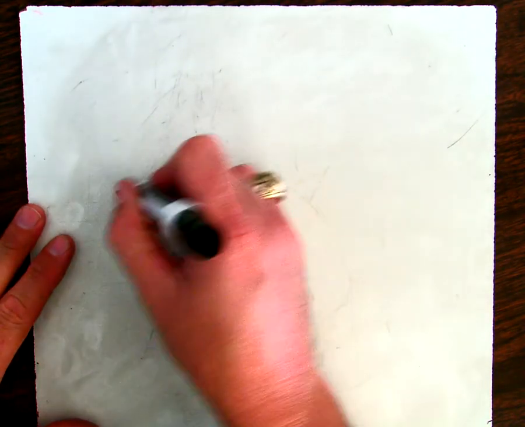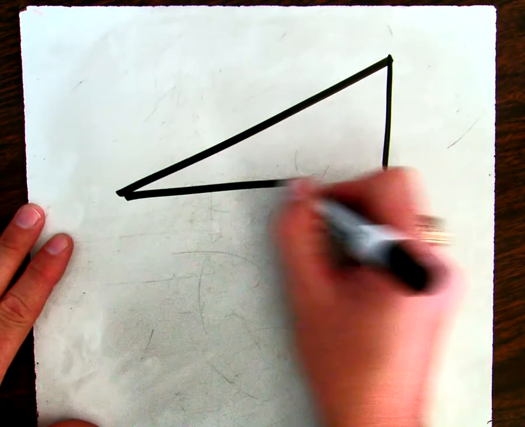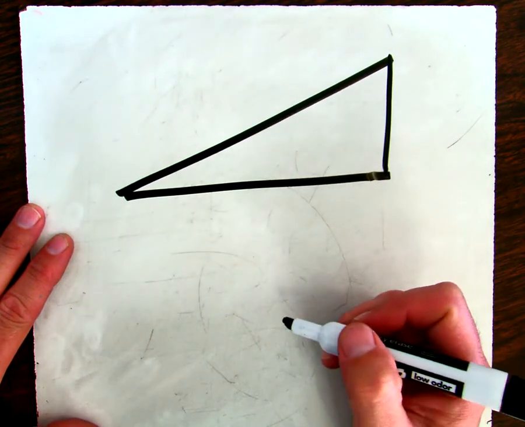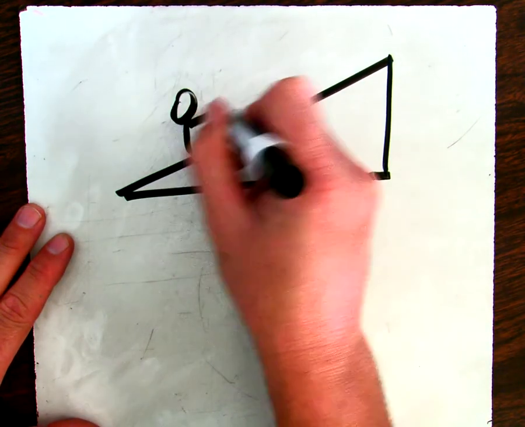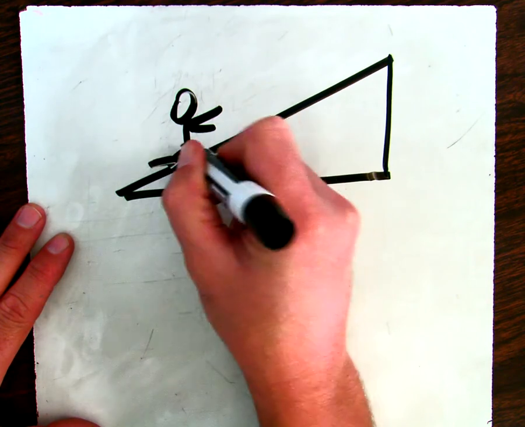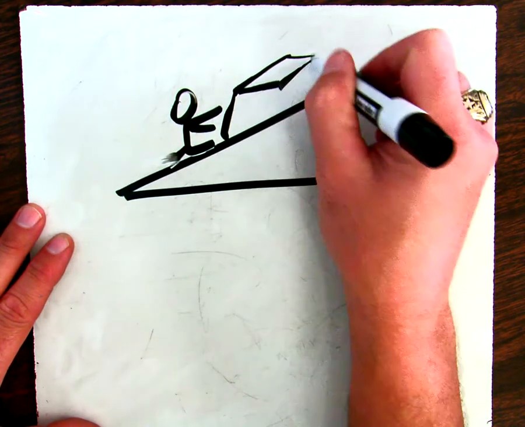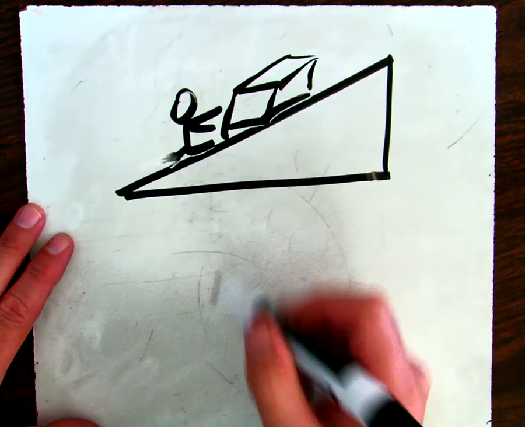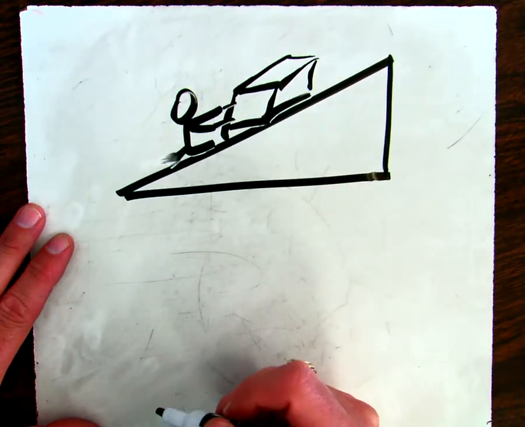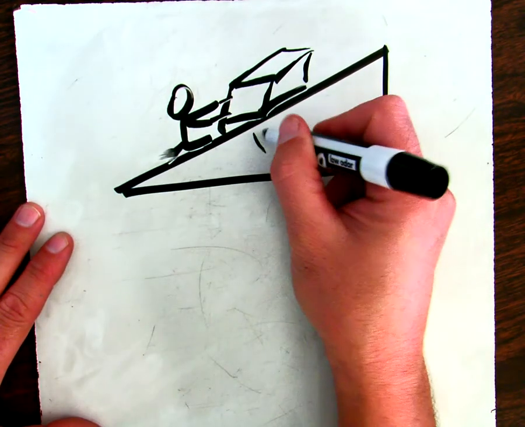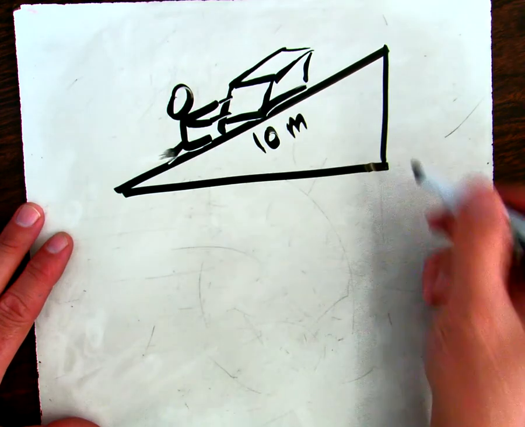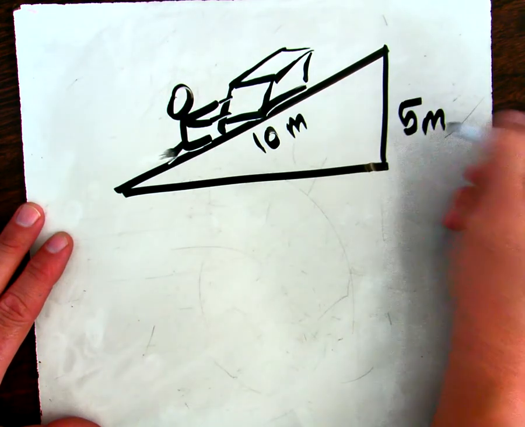So let's say we have a ramp, or an inclined plane. We have a gentleman here pushing a box up the ramp. Let's say the ramp is 10 meters long and the height of the ramp is 5 meters.